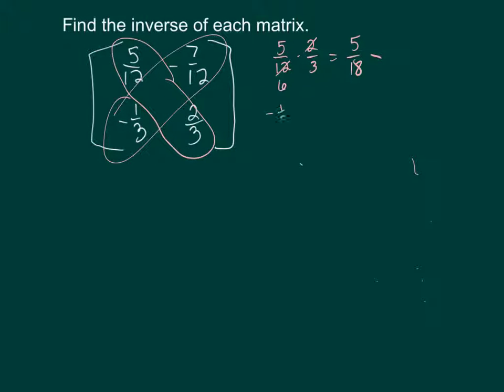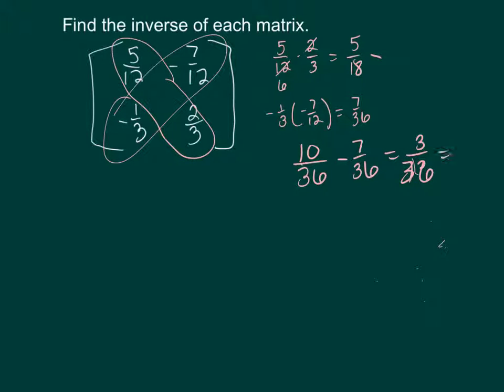You have negative 1/3 times negative 7 over 12, which is actually 7 over 36. So 5 over 18, or 10 over 36, minus 7 over 36 equals 3 over 36, which reduces to 1 over 12.